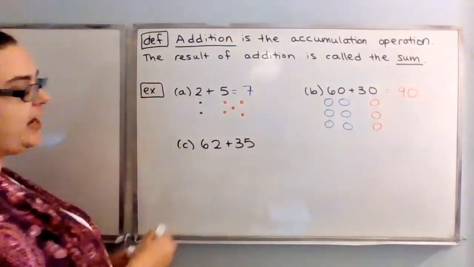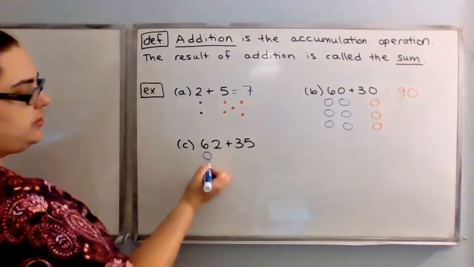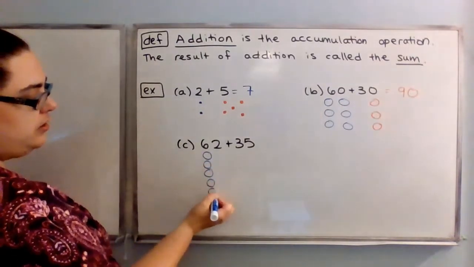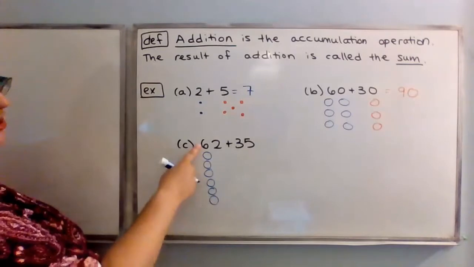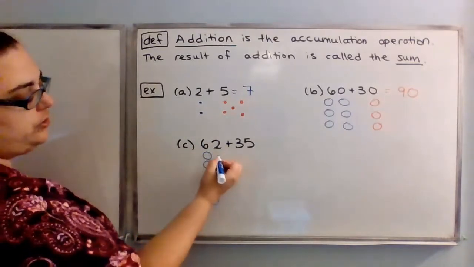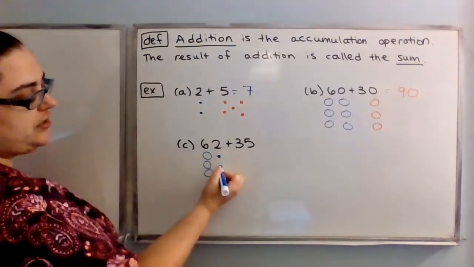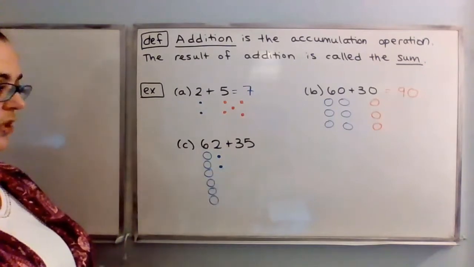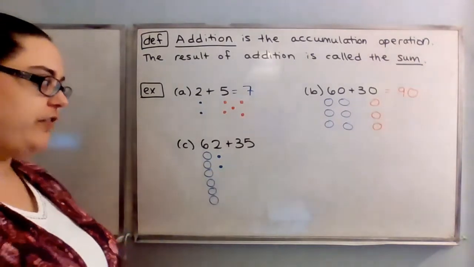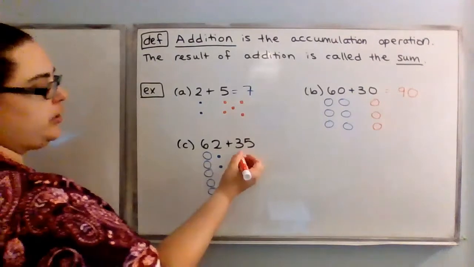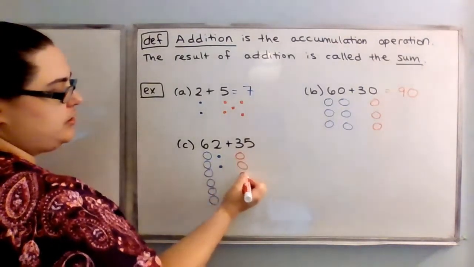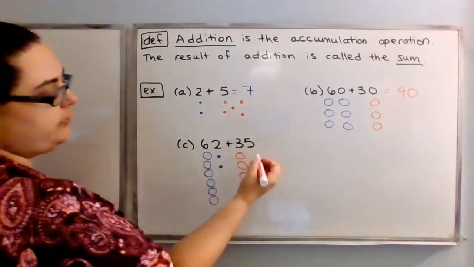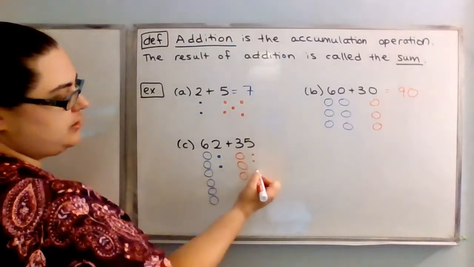So in other words, I have 6 circles to represent the 6, and then for the 2, I have 2 dots. I can do the same thing for the 35. For 30, we're going to have 3 circles, and then for the 5, we'll have 5 dots.